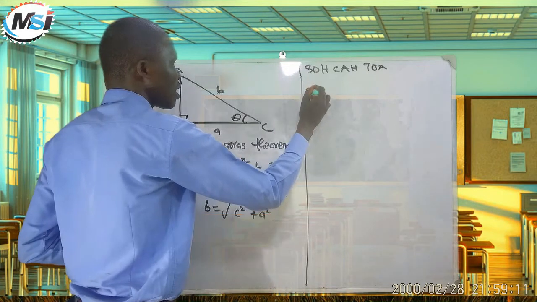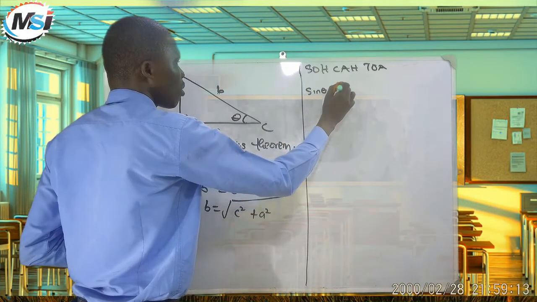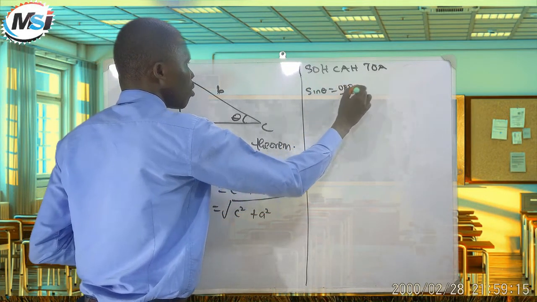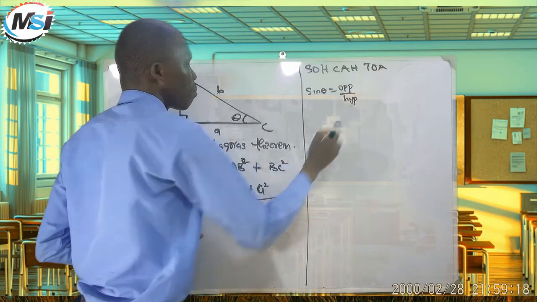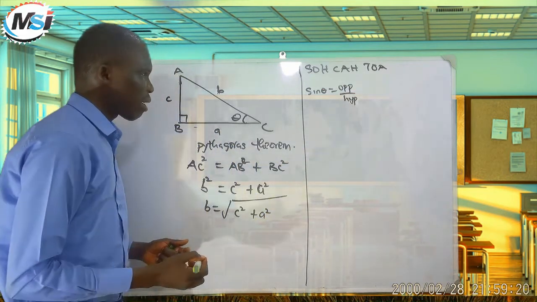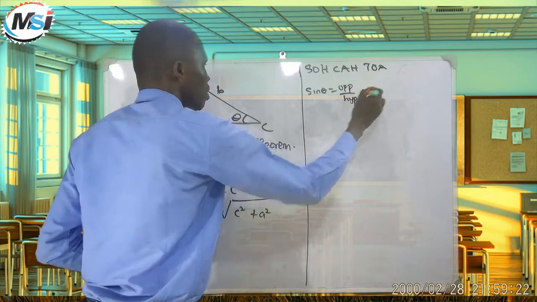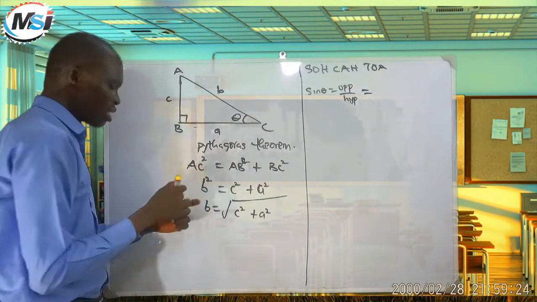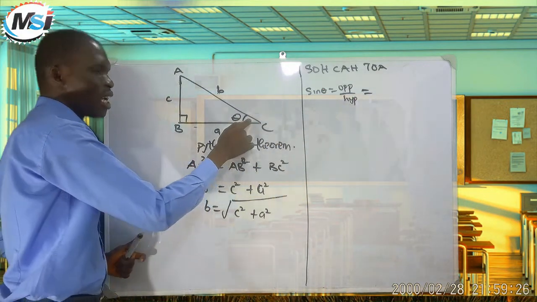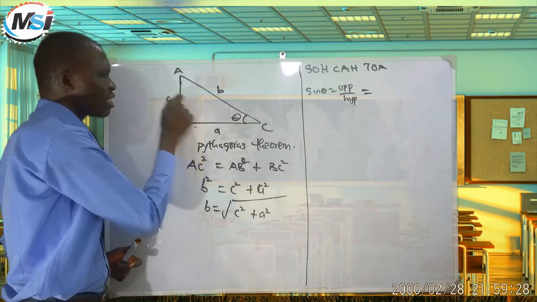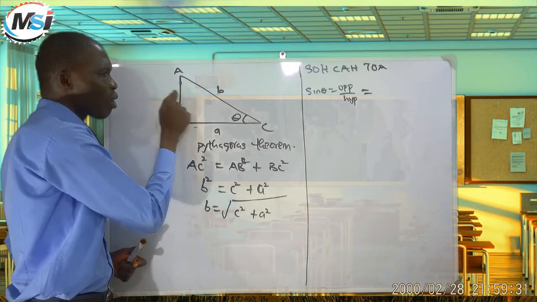Sine theta equals opposite over hypotenuse. Now what is opposite? This is opposite the angle. The side that faces this angle, we call it opposite.